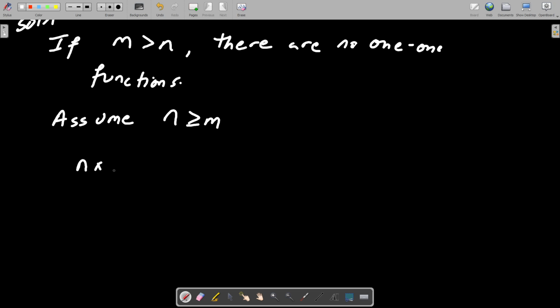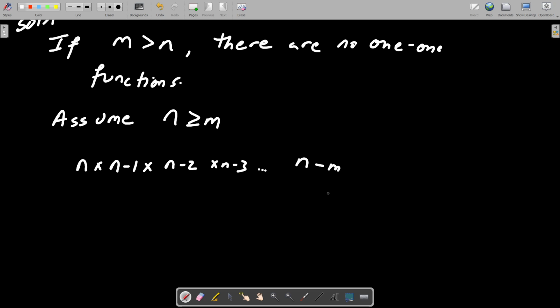The second element will have n minus 1, because one element is already occupied and I cannot repeat that, otherwise it will not be a one-one function. Then n minus 2, n minus 3, and so on. This will go up till n minus m.